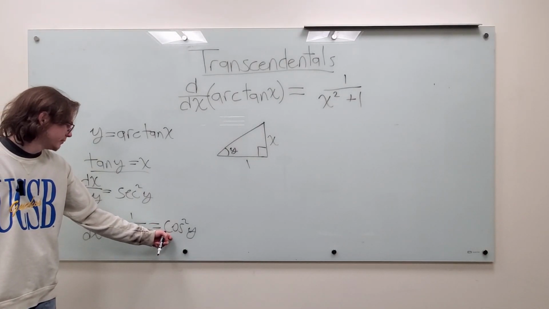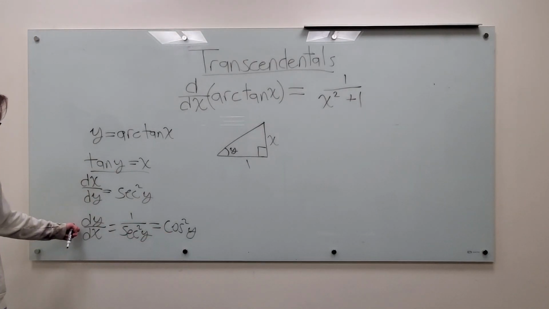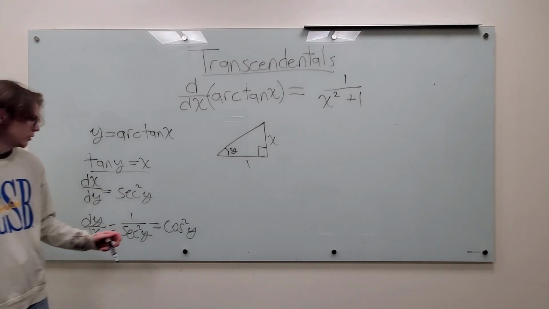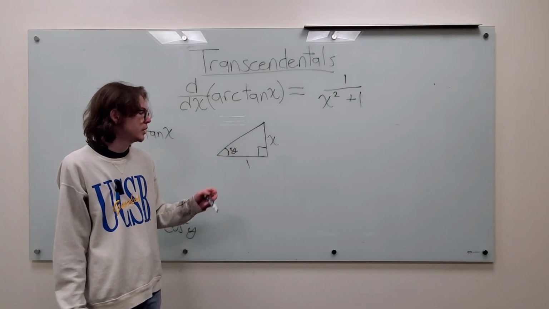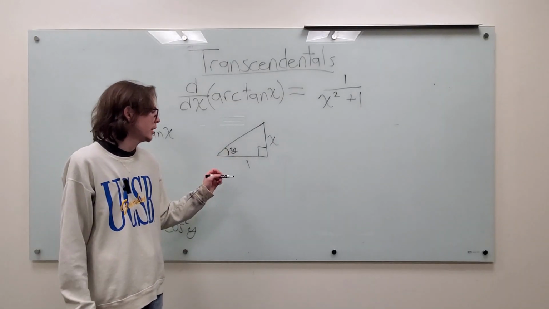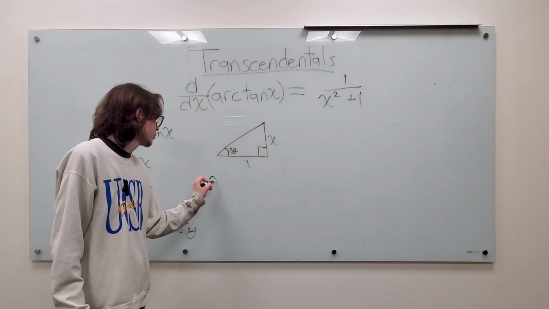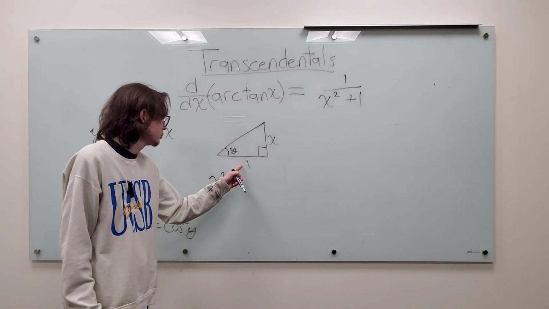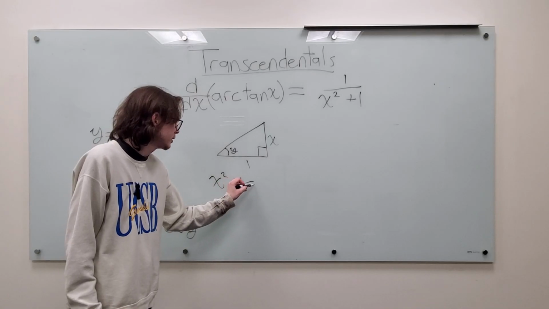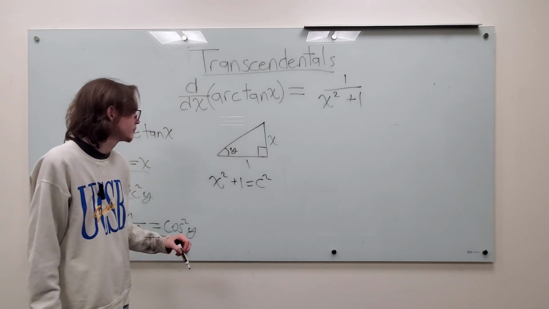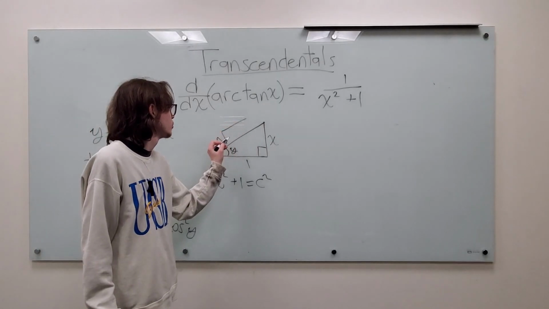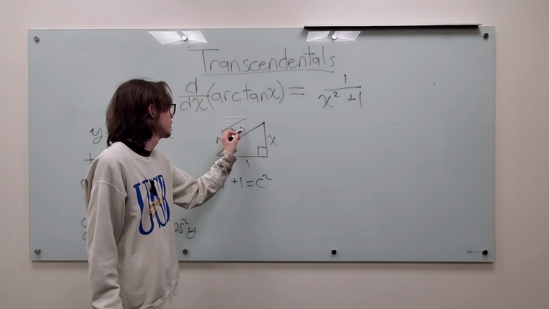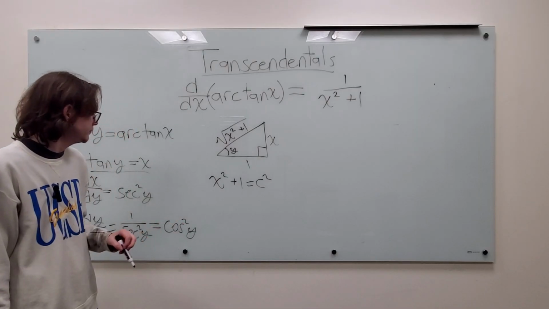Well, we need to find the cosine squared of y to find our derivative, right? So cosine is the adjacent side over the length of the hypotenuse. So we need to find the length of the hypotenuse. Of course we know that x squared plus 1 squared, which is just 1, is going to be equal to c squared. And therefore we know that the hypotenuse is going to be the square root of x squared plus 1.